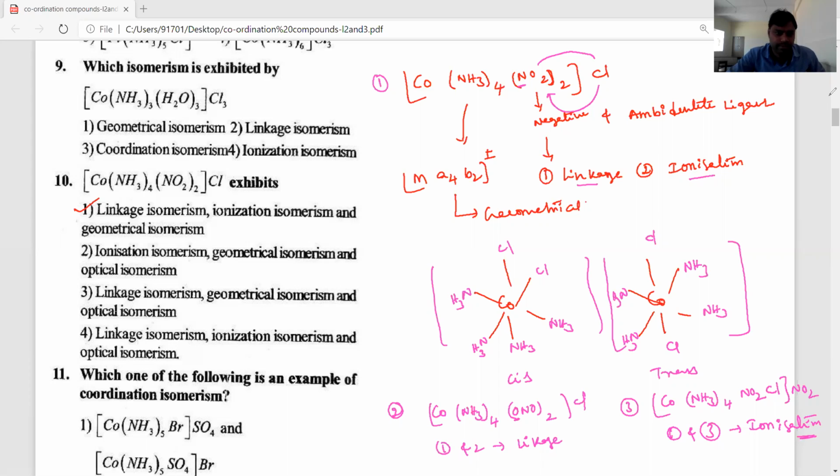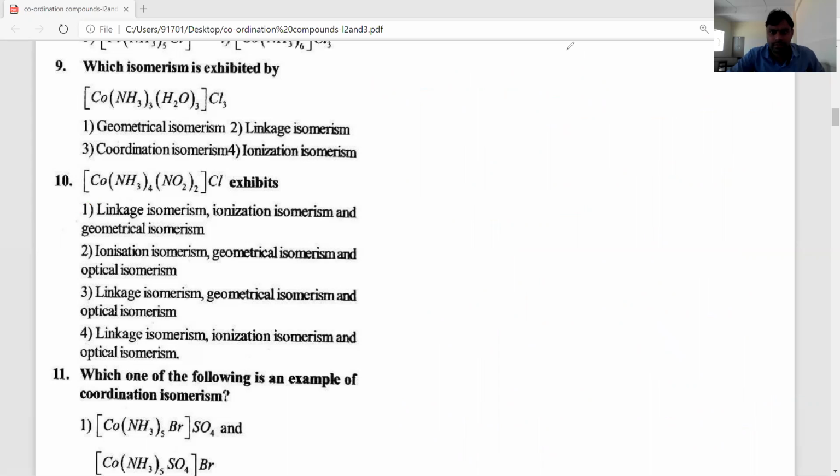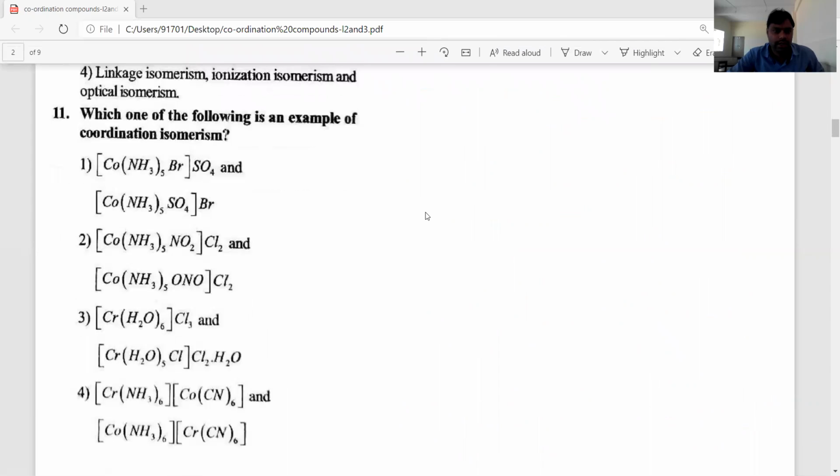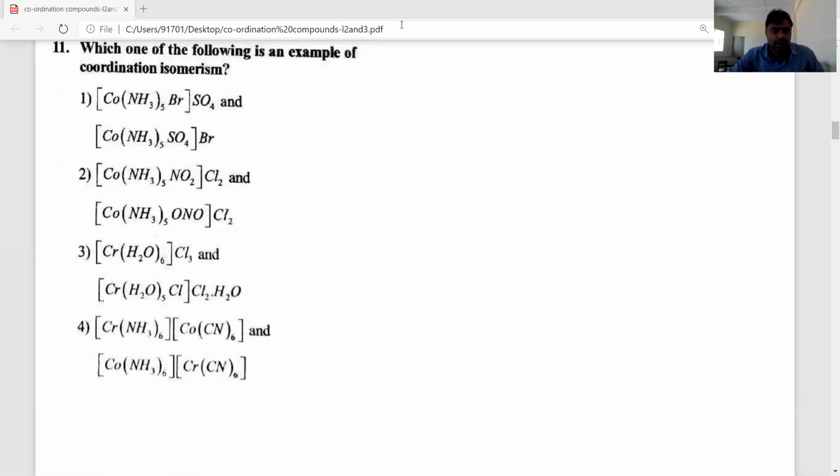Let's see the 11th question. Yes. In the 11th question, dear students, we have to identify which of the following is an example of coordination isomerism. Just now we discussed it.